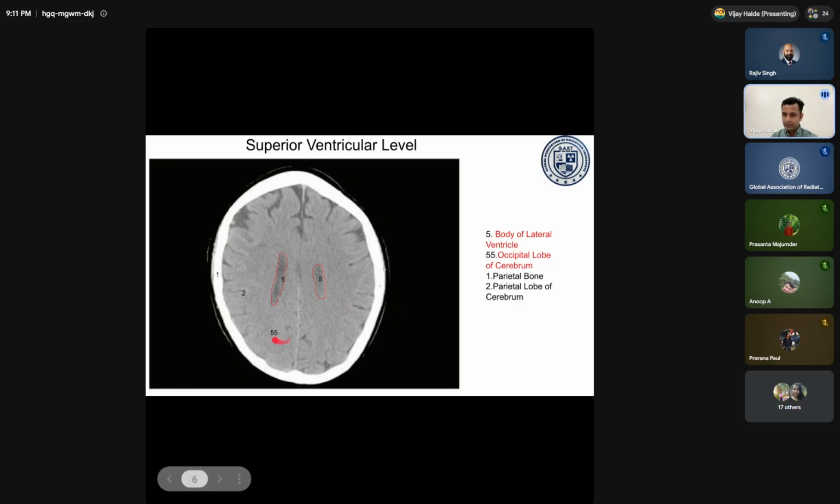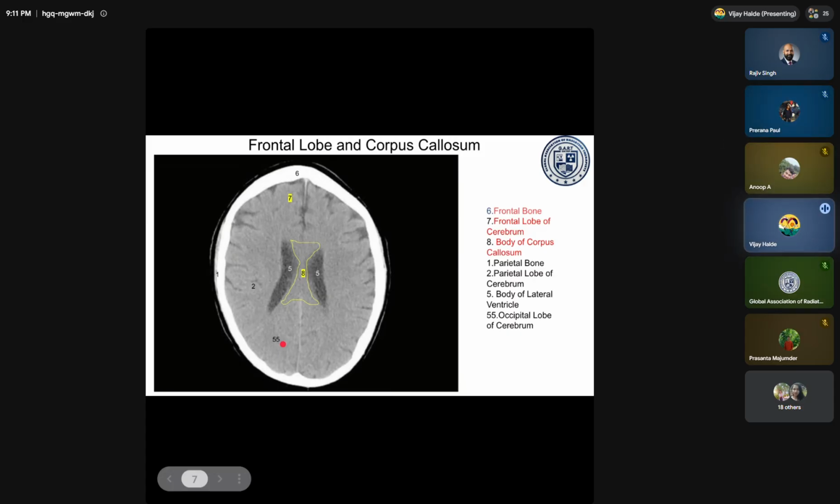I have given numbers to each anatomical part so that it will be clearly visible. The number 55 is given to the occipital lobe. This is at the posterior side of the brain. So moving inferiorly, this CT slice demonstrates the frontal lobe behind the frontal bone. This is the frontal bone, and the corpus callosum.